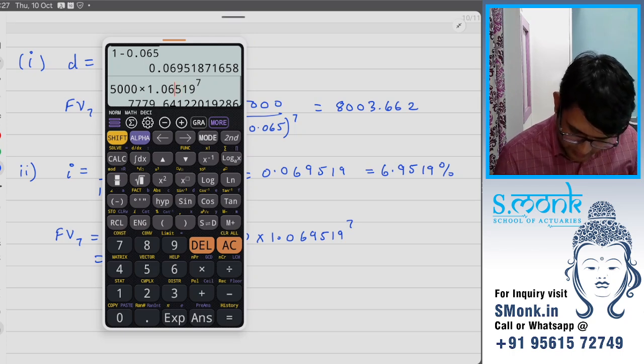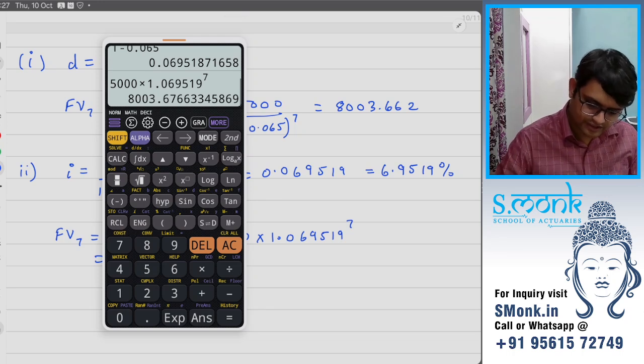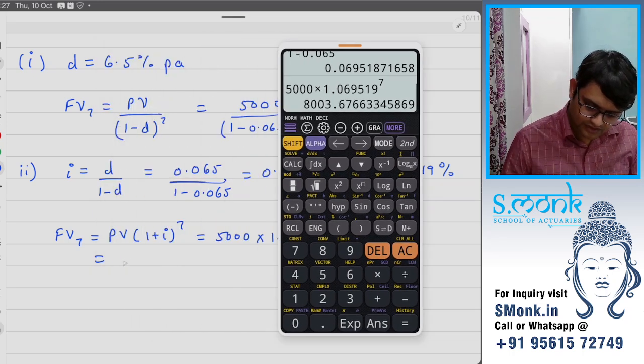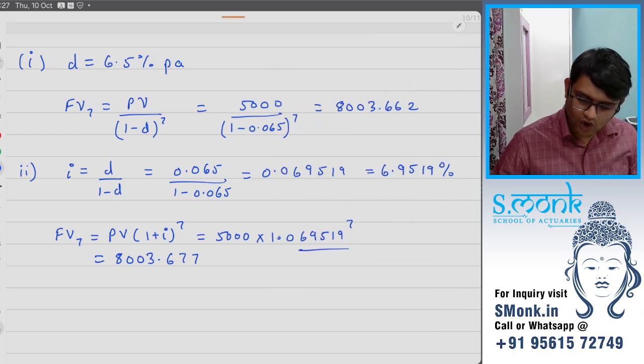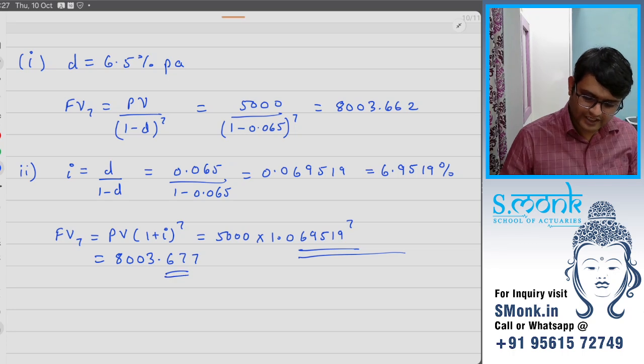69519. You can see it's the exact same answer. If you have a slight difference, that might just be because of the number of decimal places that we have taken. If we would have taken all decimal places for this rate of interest, 10 or 12 decimal places, then this would have been exactly the same.